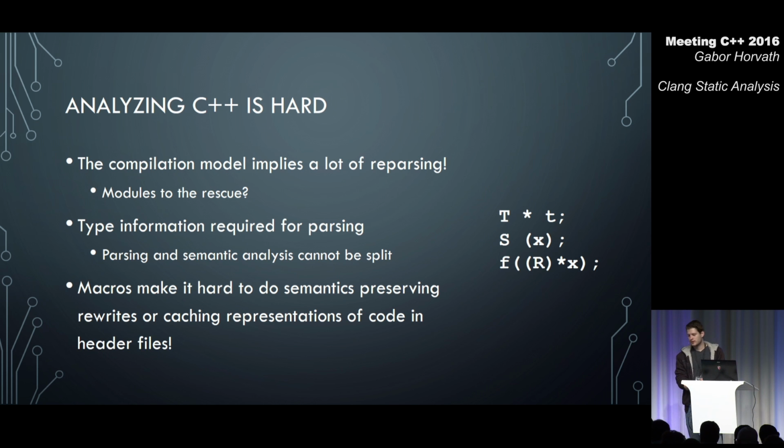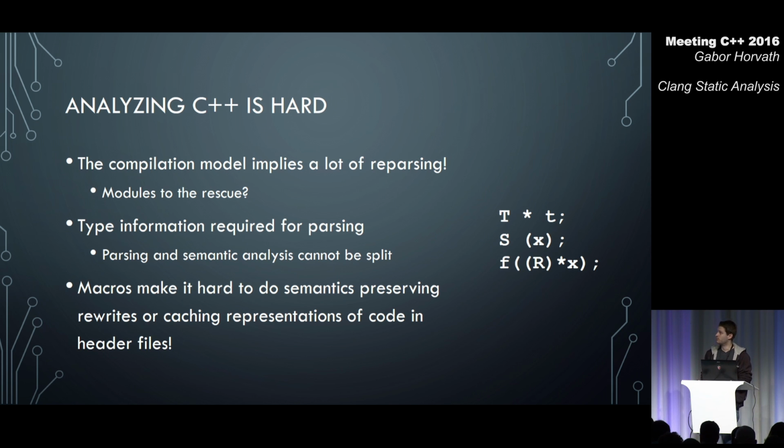And also, it is very hard to parse C++. We can't even lex C++, for example, without knowing the template names properly. And also, we need type information to parse, to solve the ambiguities in the C++ grammar.